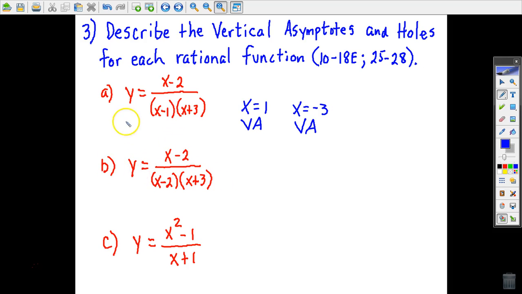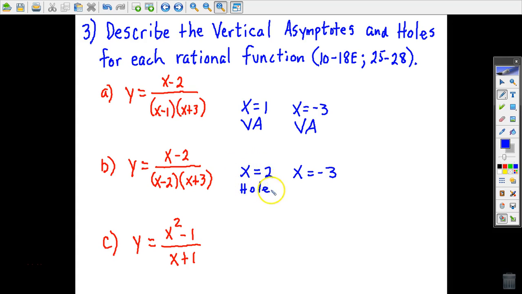Well, a good contrast with letter A is letter B. Okay, here are my points of discontinuity. But if you notice, 2 not only makes the denominator 0, but it just so happens that 2 also makes the numerator 0. When this happens, that's when we have a hole in our graph.